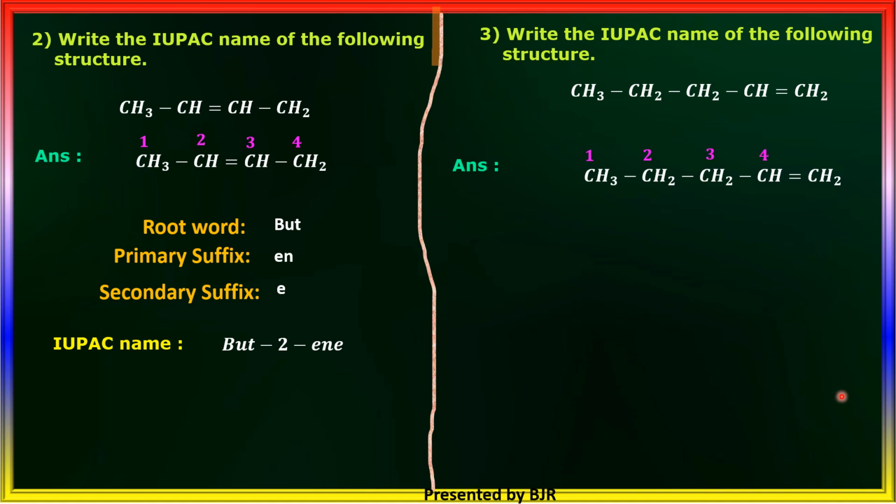If the numbering is done from left to right, the fourth carbon contains the double bond. If the numbering is done from right to left, the first carbon is carrying the double bond. So numbering from left to right is wrong, and right to left is the correct numbering.